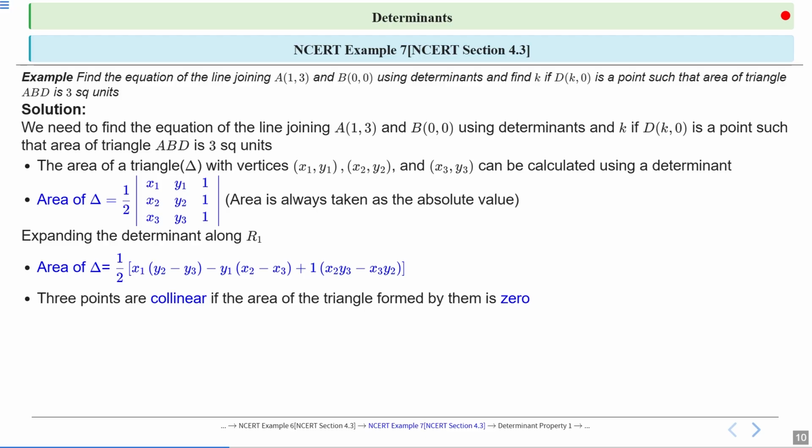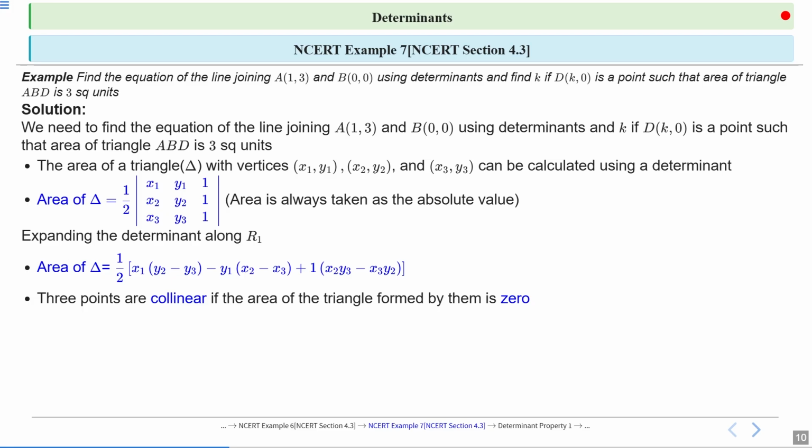3 points are collinear if the area of the triangle formed by them is 0. We use this concept to find the equation of the line joining A and B. As we know how to calculate the area of a triangle using determinants, and also we have the concept of collinearity: when we calculate the area of a triangle formed by collinear points, the area is 0.